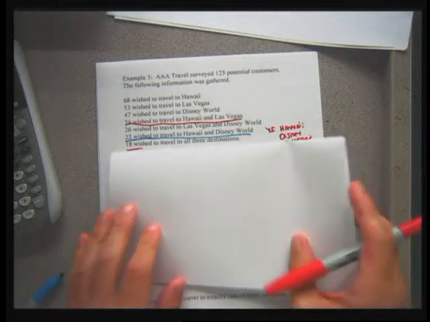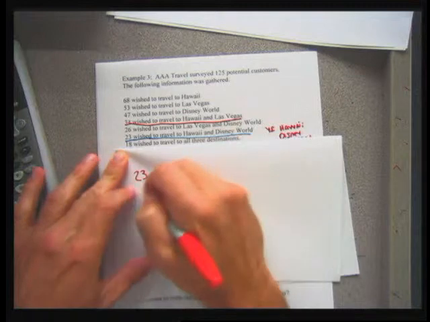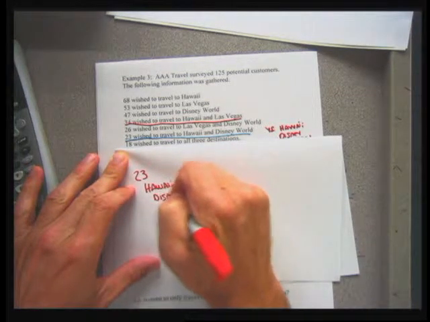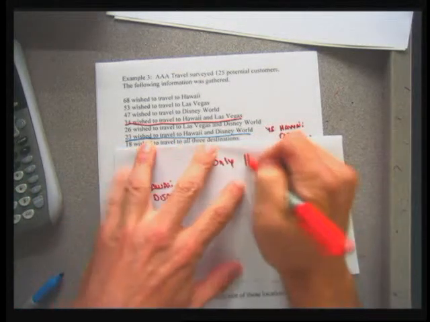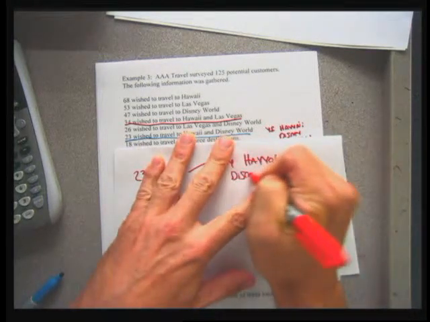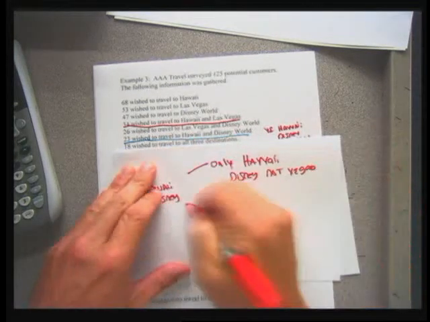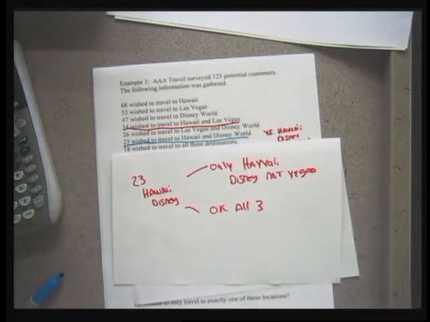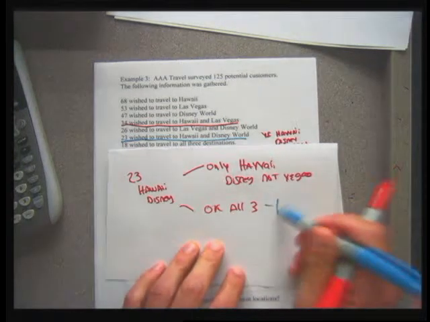This 23 that says Hawaii and Disney represents some that only want Hawaii and Disney and not Vegas. But it also represents some that are okay with all three. And I know how many are okay with all three. There's 18 that were okay with all three.